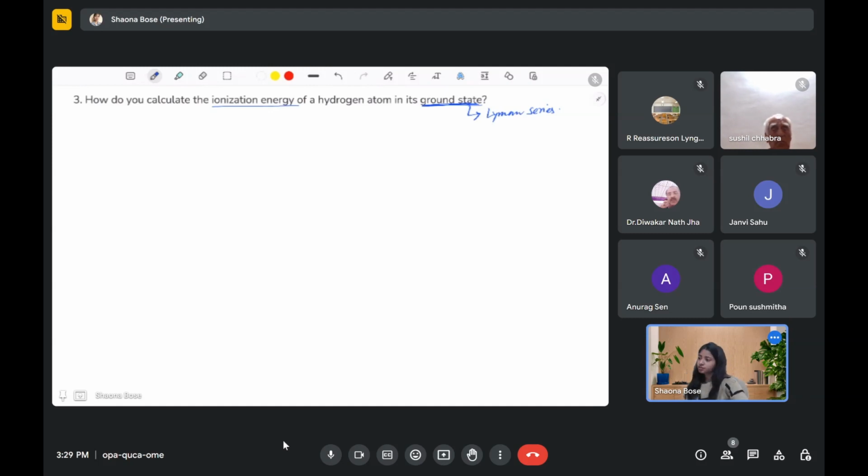So we have just solved that this is equal to the constant, and here n is infinite, right? So what do you get if we substitute the values?